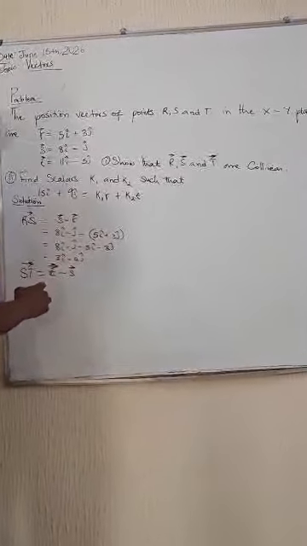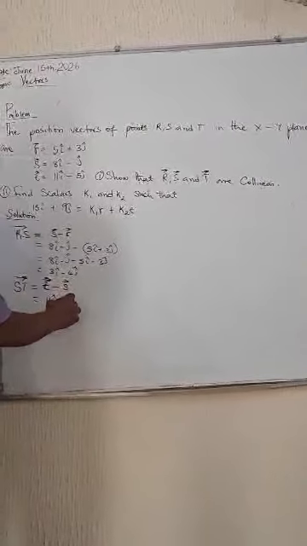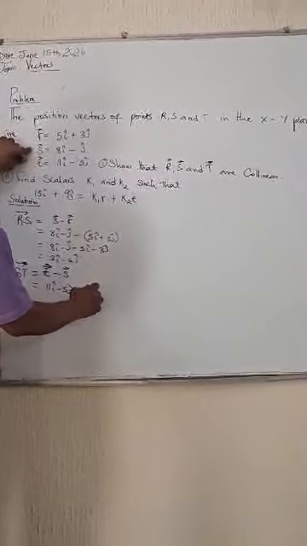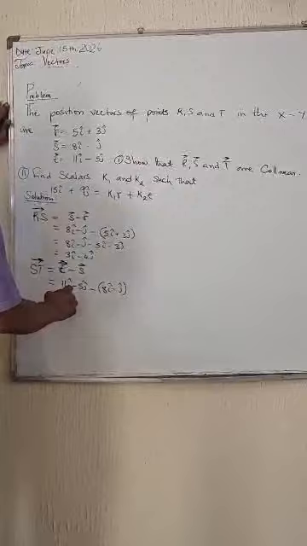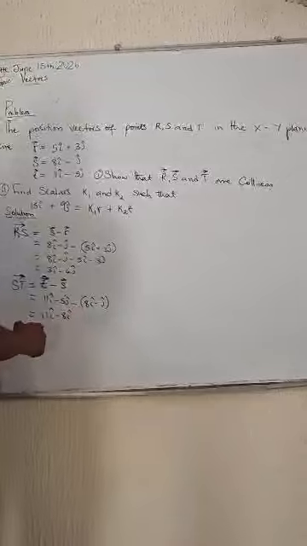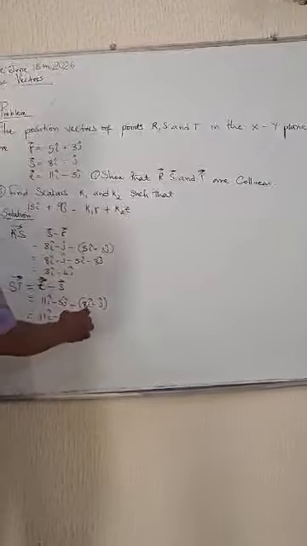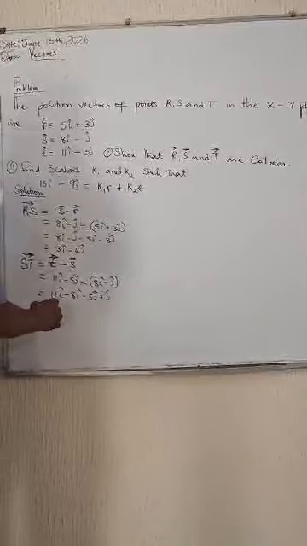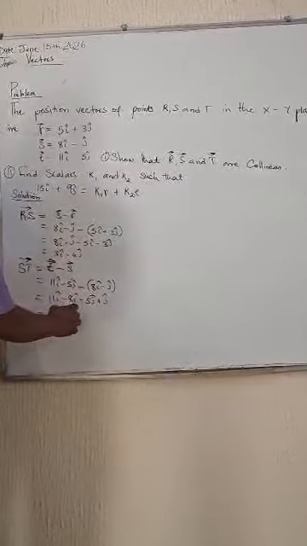That will be t, which is 11 i hat minus 5 j hat, then minus vector s, that is 8 i hat minus j hat. So which should be equal to 11 i hat minus 8 i hat, then minus 5 j hat, minus is plus, that will be plus j hat. So 11 i hat minus 8 i hat will give us 3 i hat, then minus 5 j plus j will give us minus 4 j.